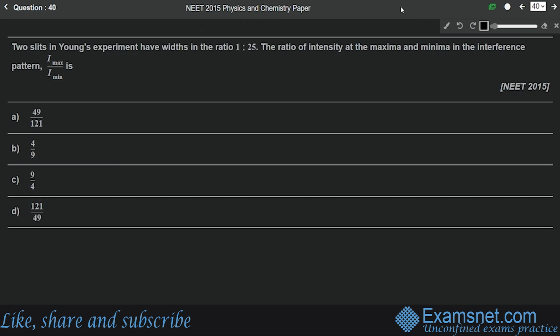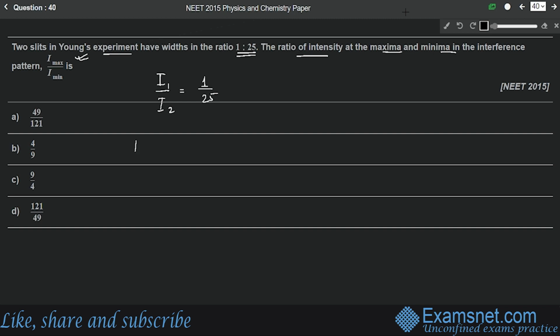Question number 40 is from the chapter Wave Optics, and the question is, two slits in Young's experiment have widths in the ratio 1:25. The ratio of intensity at the maxima and minima in the interference pattern, I maximum by I minimum, is. Okay, so we know that in general the ratio of the intensities I1 by I2 is equal to the ratio of the widths. Okay, that means it will be equal to 1/25.